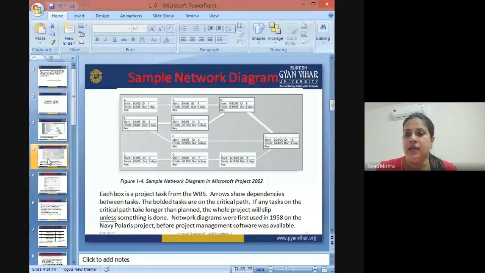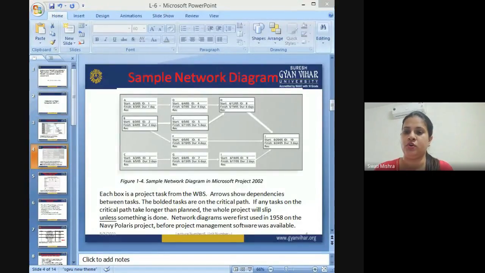And this is the sample of a network diagram that I'm showing you here. Each box in this network diagram is basically a project task from the work breakdown structure. And so each and every activity is shown in one particular box.